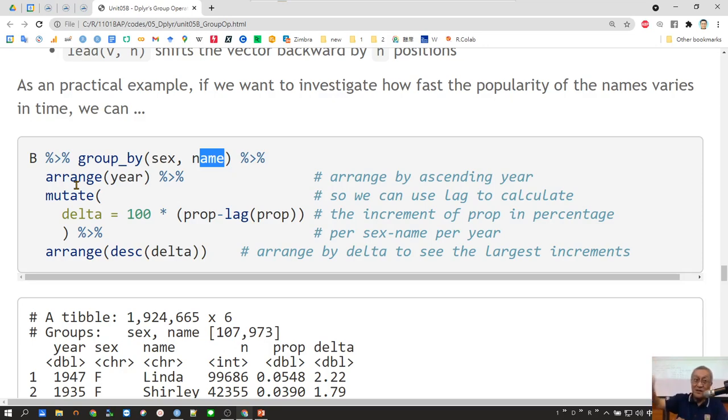And that is what I do. See? I do prop minus lag prop, because I want to know the increment of prop in percentage.